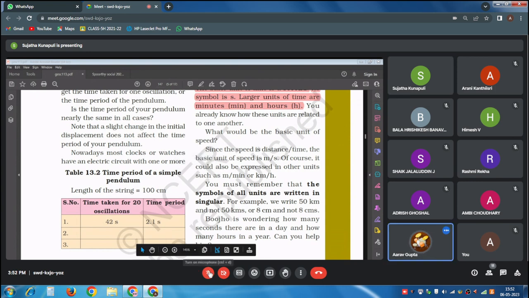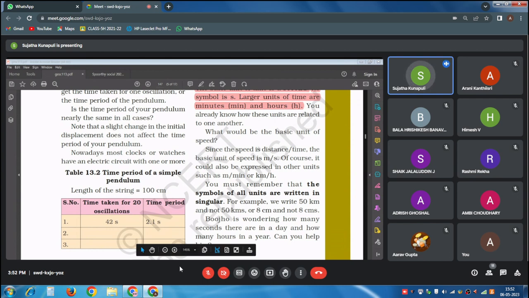What he is telling is that, if you repeatedly check the 20 oscillations, each time it will come different. Each time we will get different values only.